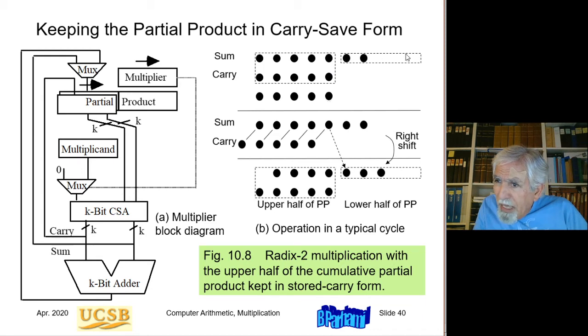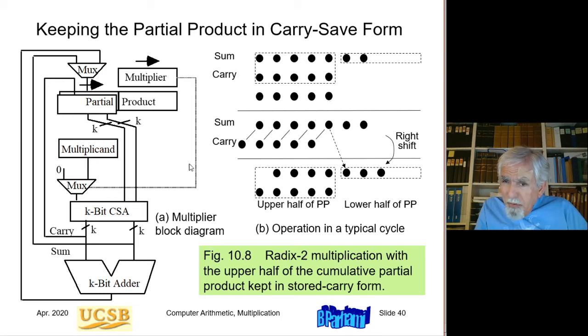So nothing is ever added to the lower half. That's why it's not kept in carry save form. It's just a regular binary number. And then when I add this carry save number to this third number, this is the carry save result: the sum bits in the same positions, and the carry bits beginning with the second position.